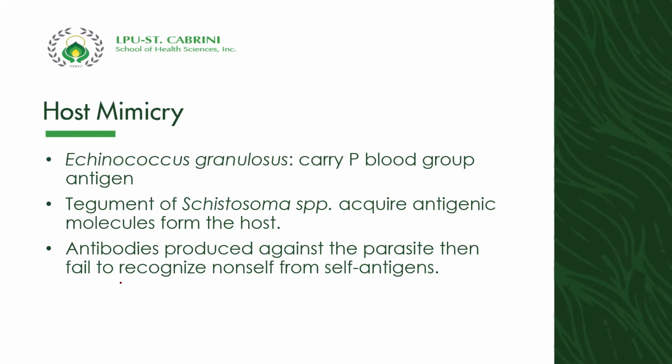Sina-acquire niya yung response ni host para hindi siya ma-eliminate so that this parasite can cause infection. Antibodies produced against the parasite then fail to recognize non-self from self-antigen. Anong ginagawa dito? Instead of killing the parasite, nare-recognize pa niya, ang napapatay pa niya, yung self-antigen niya.